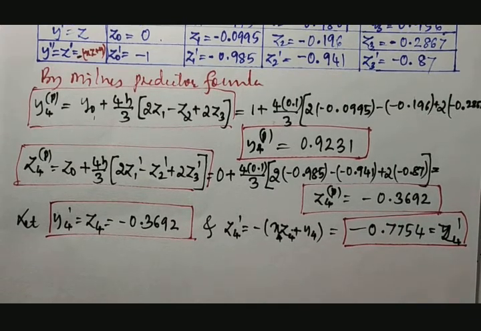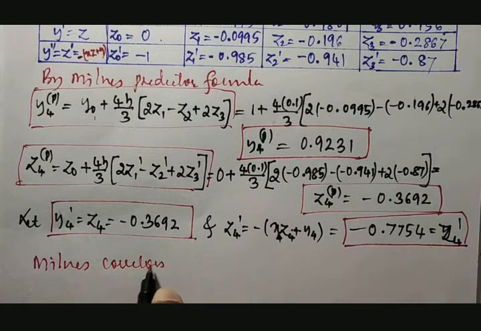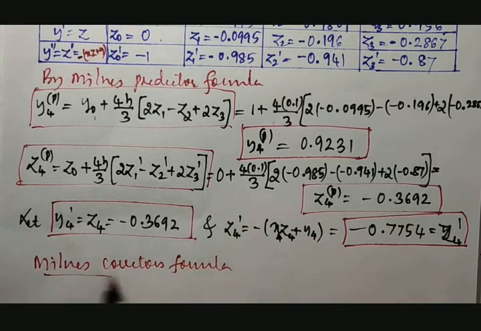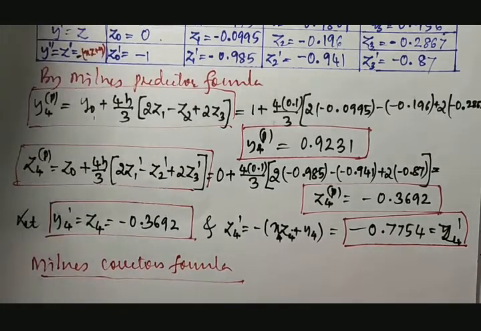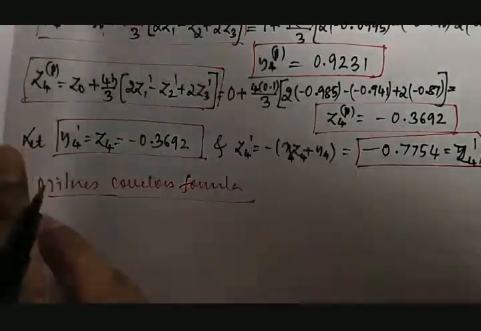So this is another result which we obtained. Fine. Then I'll be moving to Milne's corrector formula. What does that formula say?